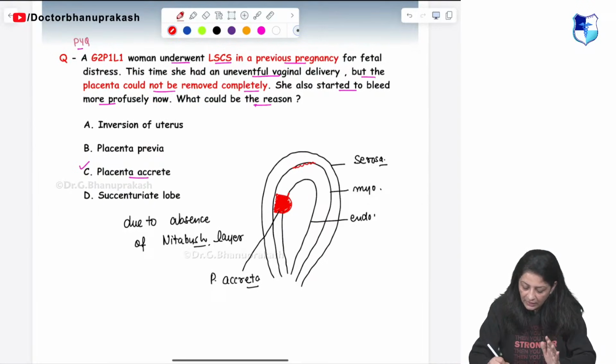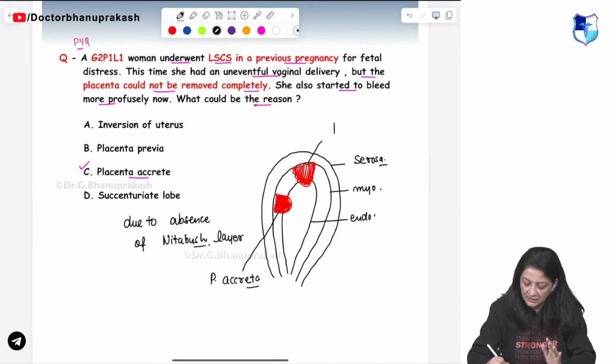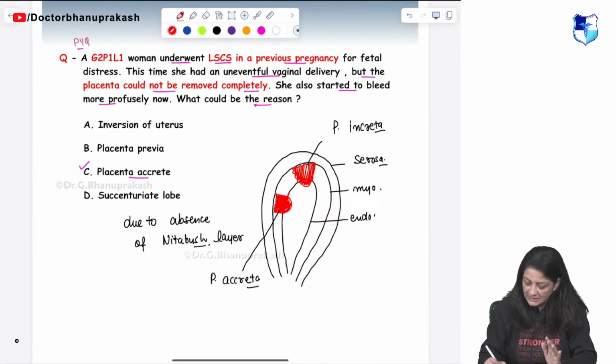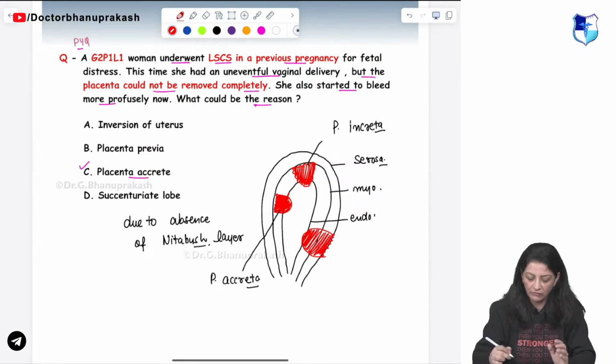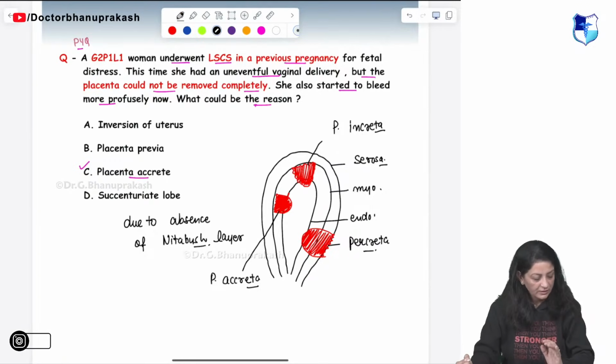Accreta is superficial attachment of placental villi to the myometrial layer. But if they penetrate into the myometrium, then this is called placenta increta. But if placental villi are attached to the outer layer of the uterus, the serosa, then this is called placenta percreta.